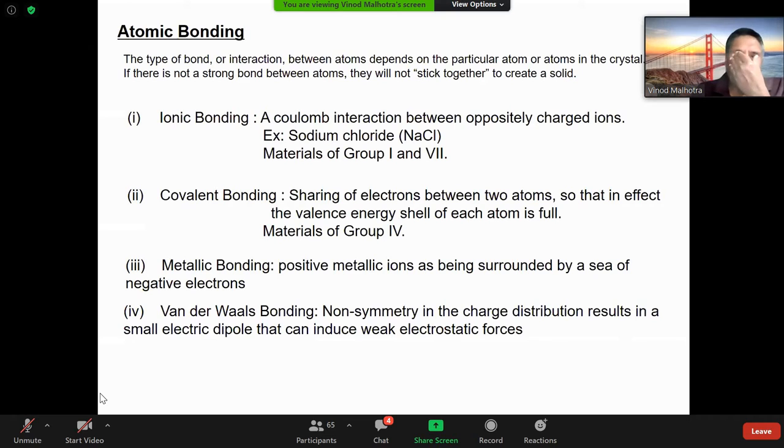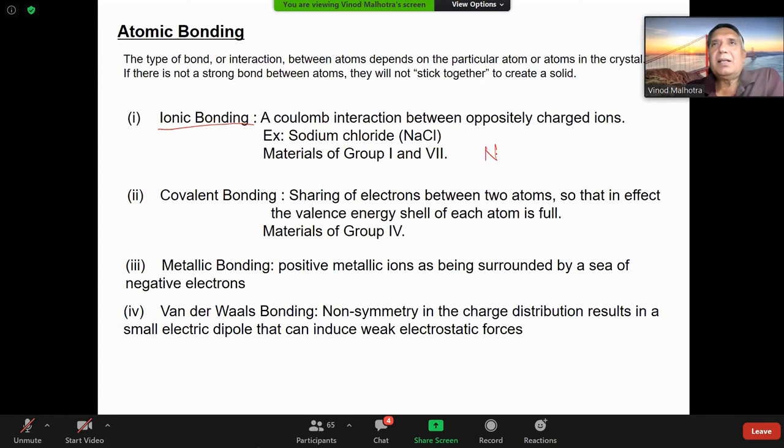Now, what about bonding? This is a separate section called atomic bonding. From chemistry, we know what ionic bonding is, right? An example is sodium chloride, where it's actually a transfer of an electron from one side to the other. So group 1 and 7: sodium comes from group 1 and chlorine from group 7.